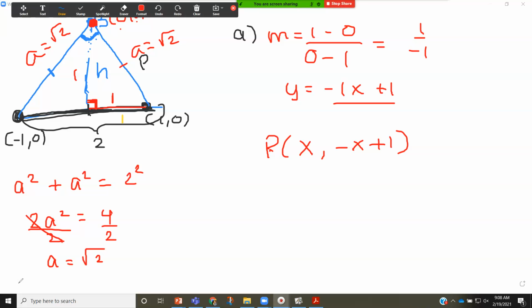And then for part B, you would use that information because it says express the area of the rectangle in terms of x. So area would be the height, which is negative x plus 1, times the width. Here's my rectangle again.